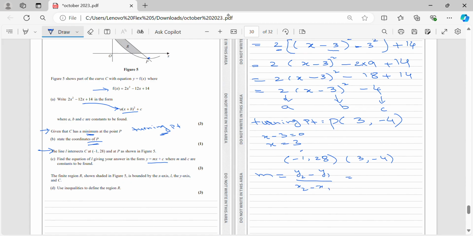So negative 4 minus 28 over 3 minus negative 1. Negative 4 minus 28 is negative 32, and 3 plus 1 is 4, and the slope here is negative 8.